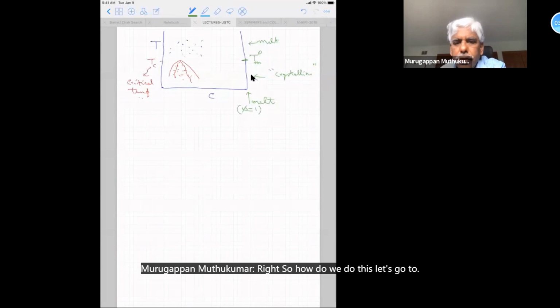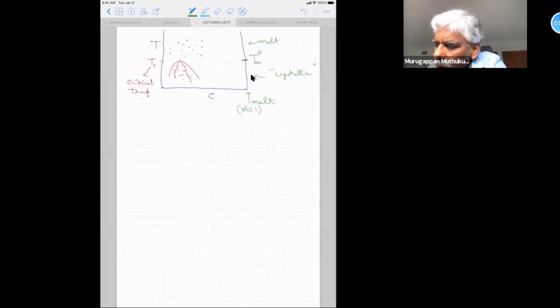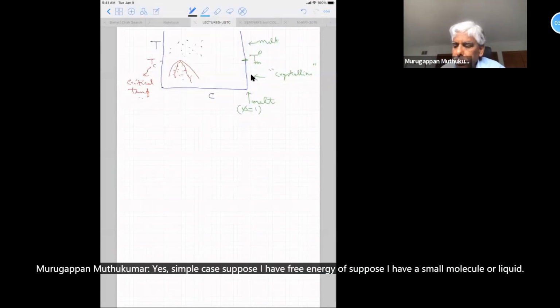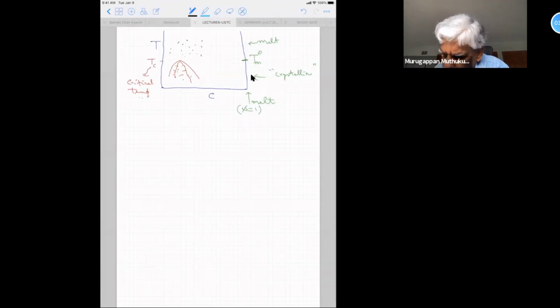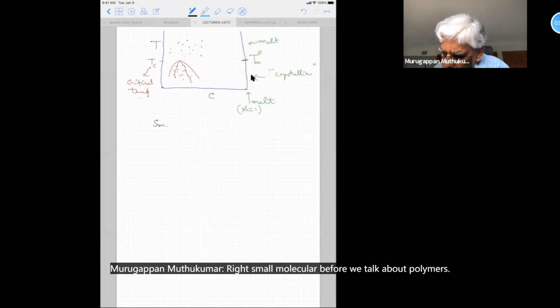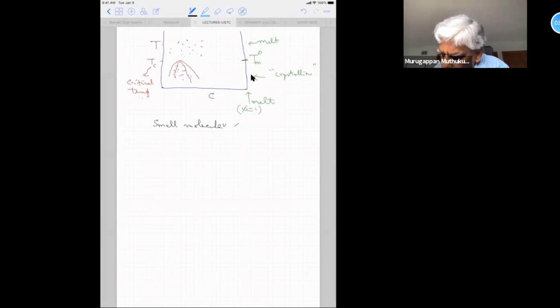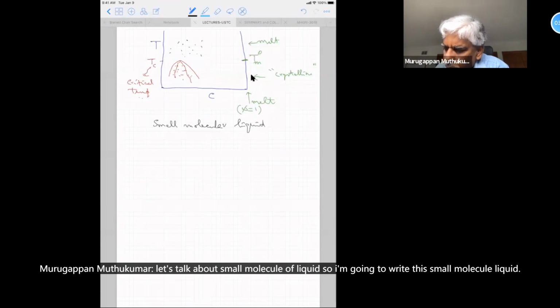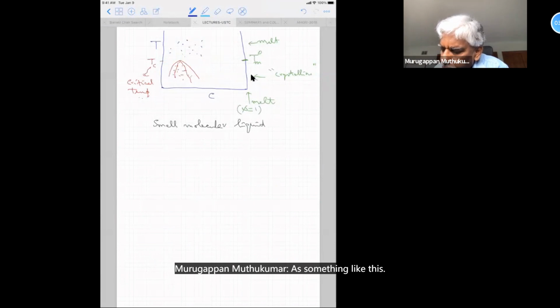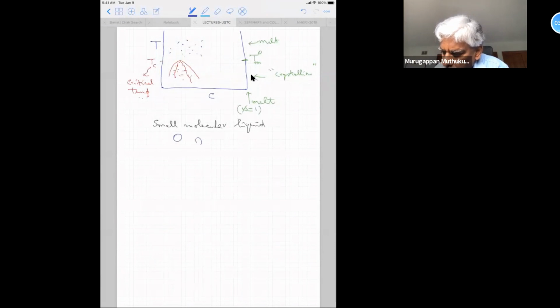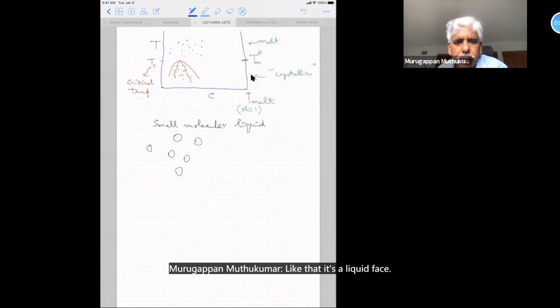So how do we do this? Let's go to a simple case. Before we talk about polymers, let's talk about a small molecular liquid. I'm going to write the small molecular liquid as something like this, randomly placed like that. It's a liquid phase.